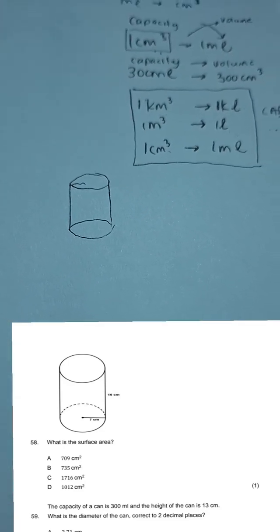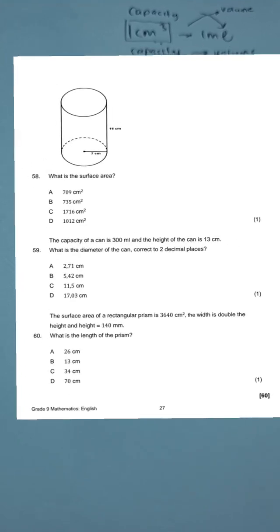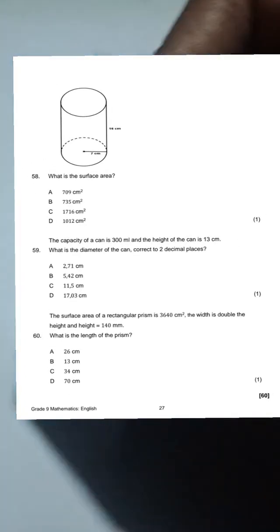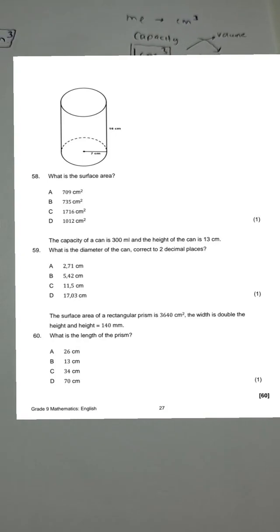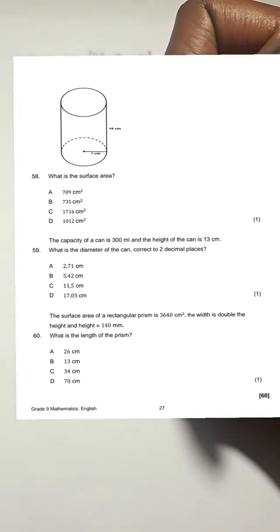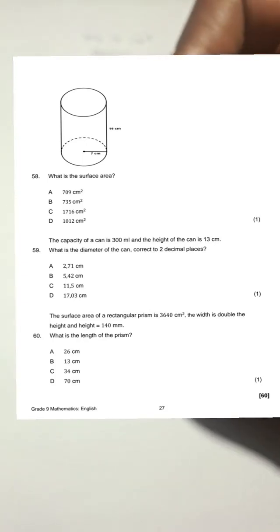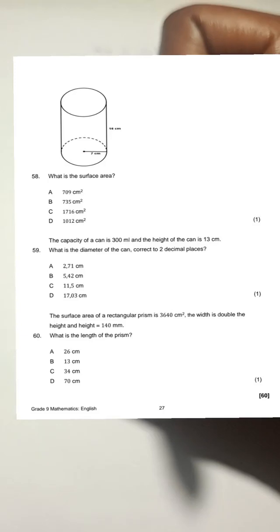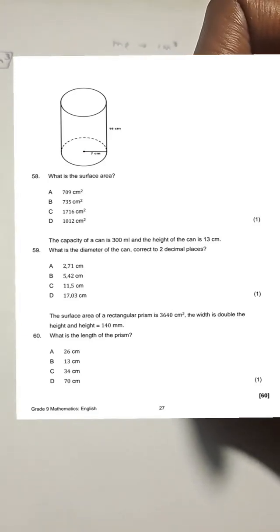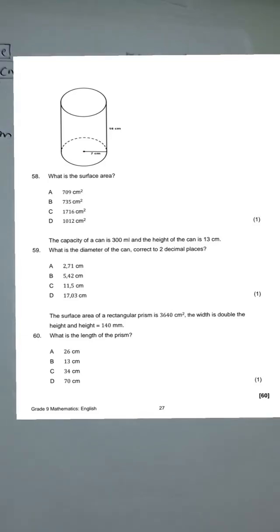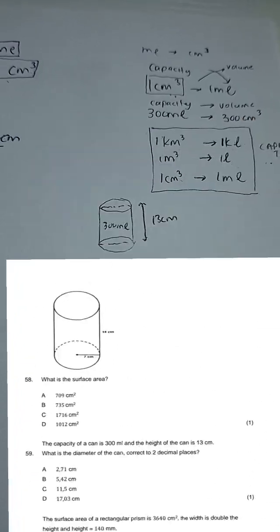We are told that this can has the capacity of 300 milliliters. And then the height of the can, we are told, is actually 13 centimeters. They're asking what is the diameter of the can, and we must correct that to 2 decimal places.